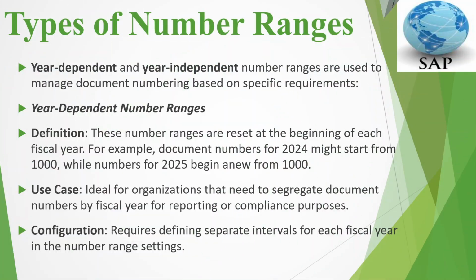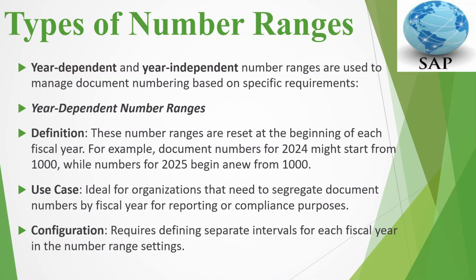Moving next. Again, another type of number ranges: year dependent and year independent number ranges. These are used to manage document numbering based on the specific requirement. Now let us understand what is year dependent and what is year independent, and then we will also see the exact differences between the two. So year dependent number ranges are reset at the beginning of each fiscal year.